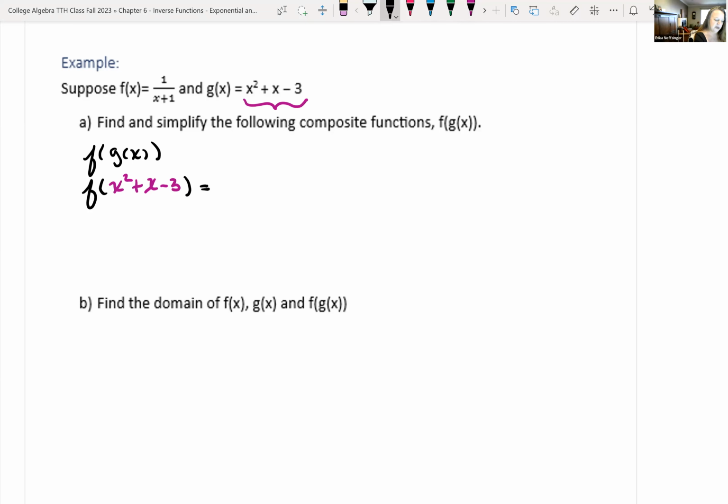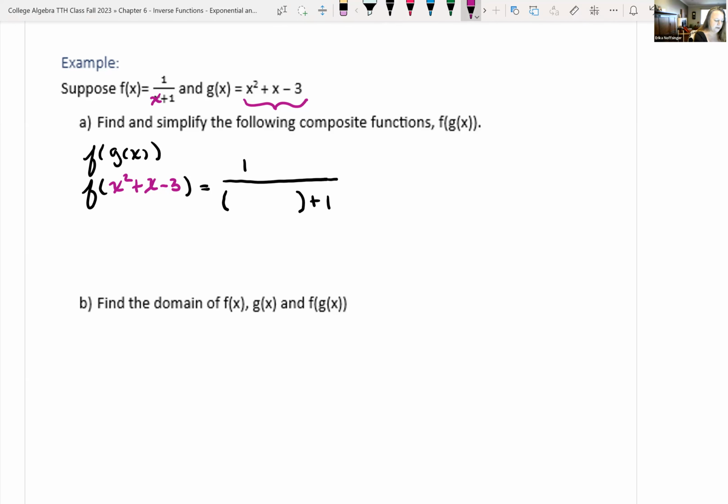So wherever we see an x in our f of x function, we're going to plug in that x squared plus x minus 3. So let's go into f of x. We have 1 all over, let's put parentheses where we see an x, a pretty big parentheses, plus 1.